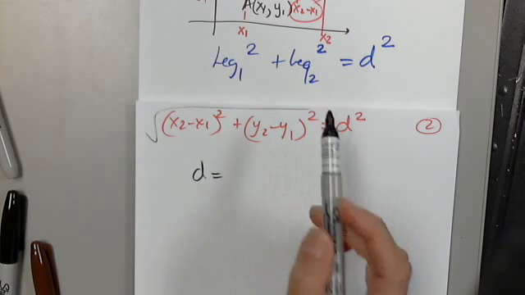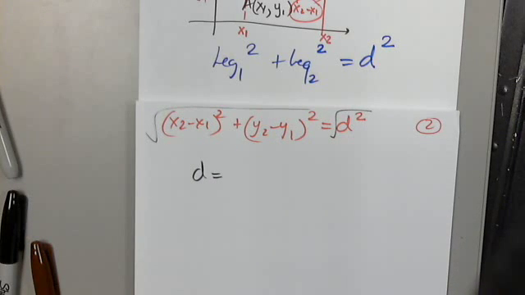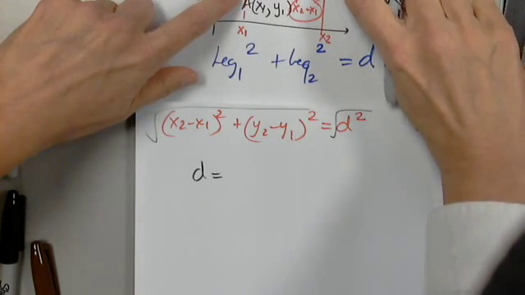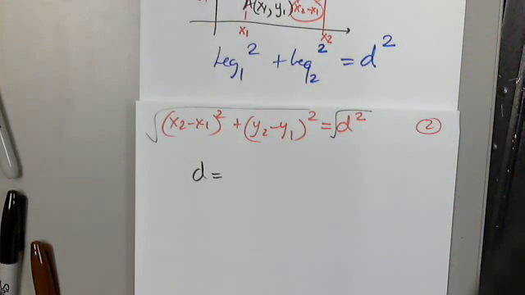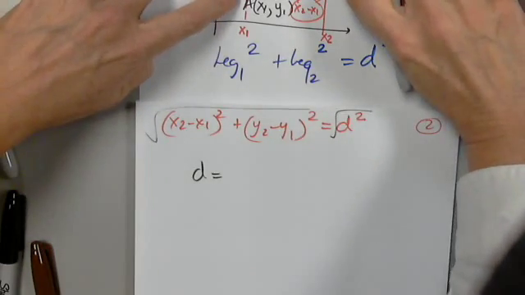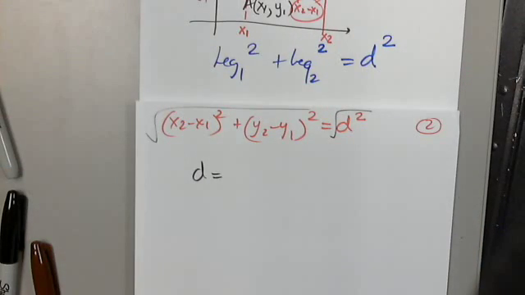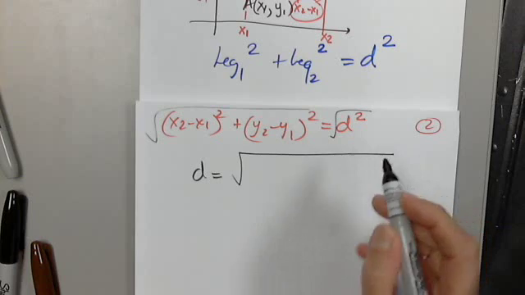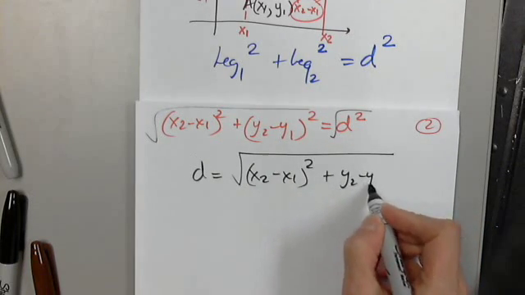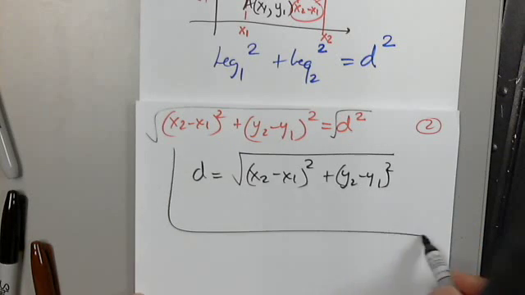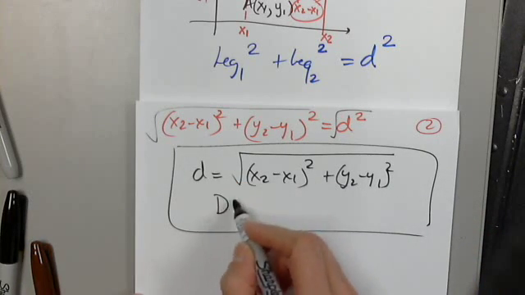So when we take the square root from both sides, there is one very important item that we cannot forget, which is to write plus or minus. Correct. Awesome. However, because this is a distance, for this particular case, I will not write plus or minus. I'm not changing the rules on you, but this is a distance, and I cannot have a negative distance. So this will be the square root of x2 minus x1 everything squared plus y2 minus y1 everything squared, and this is what we call the distance formula.